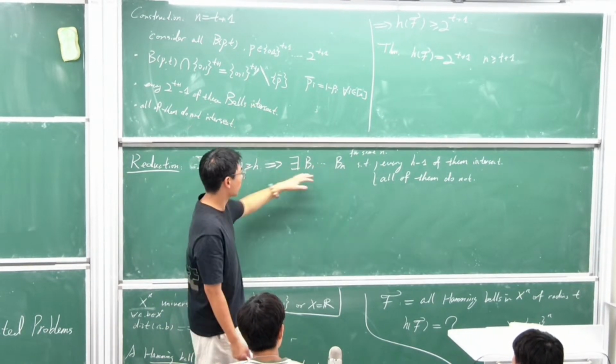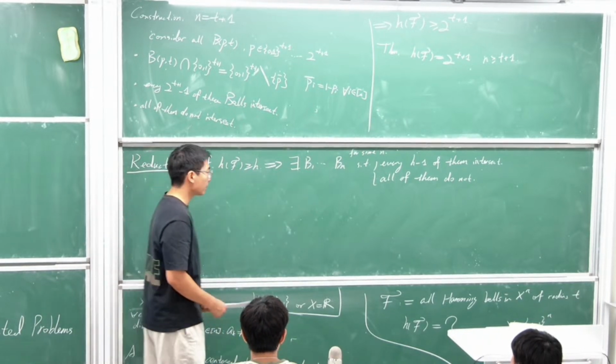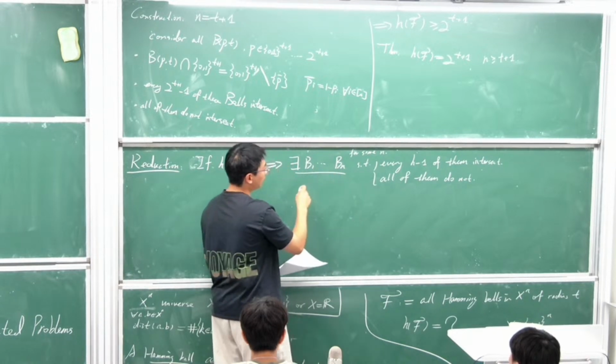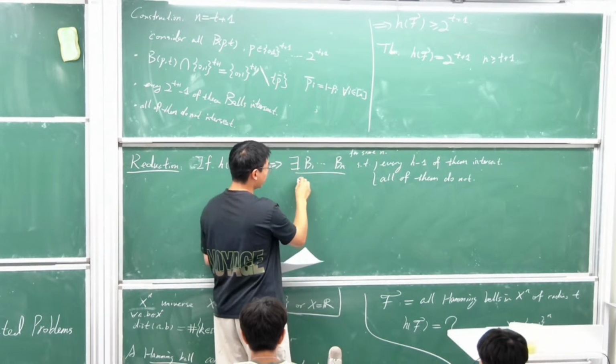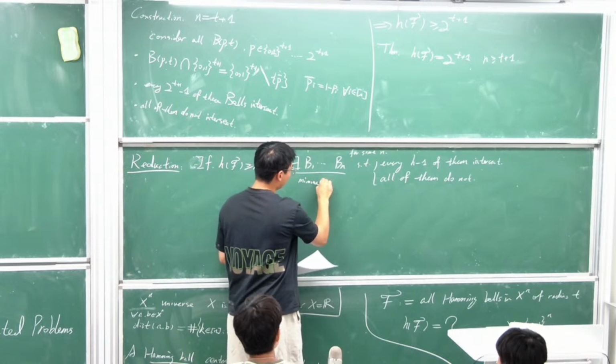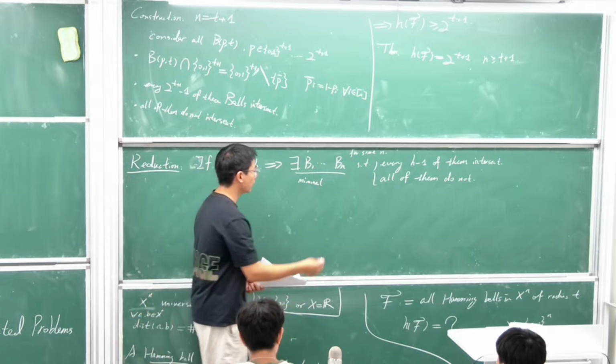So this is the implication of this. And indeed, among all such ball families, we can take the family to be minimal, in the sense that you cannot delete any one of them and maintain this property.